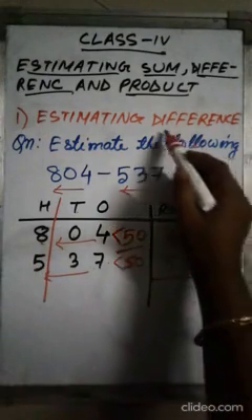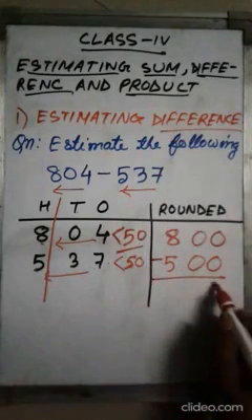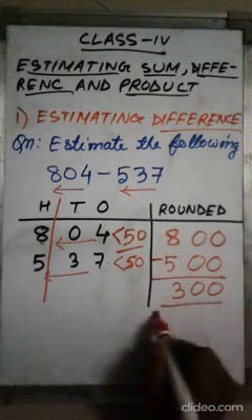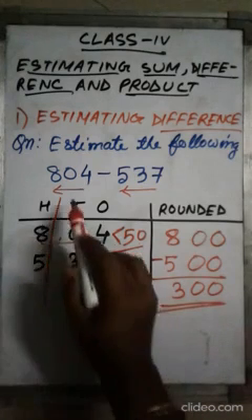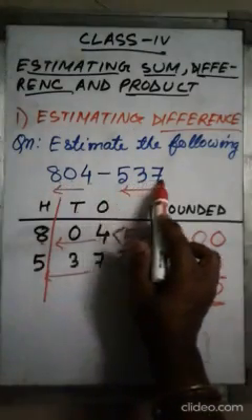Now we have to find the difference. 8 minus 5 is 3. So 300 is the estimated difference of the numbers 804 and 537.